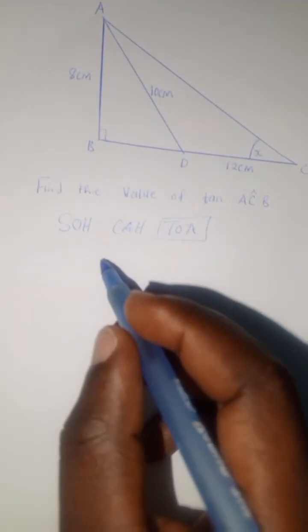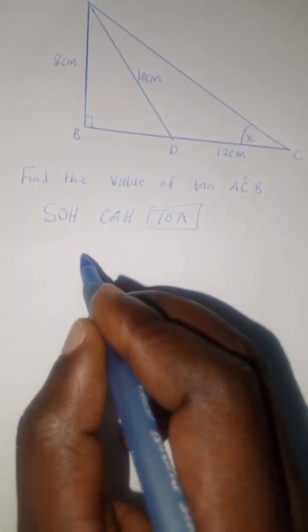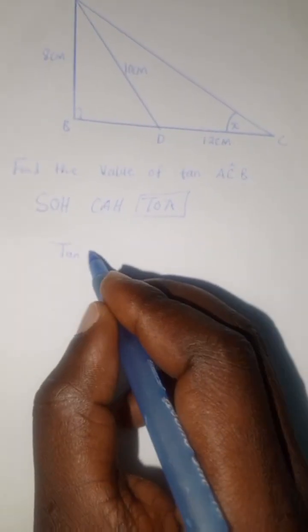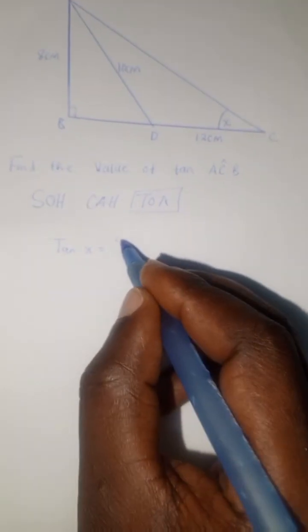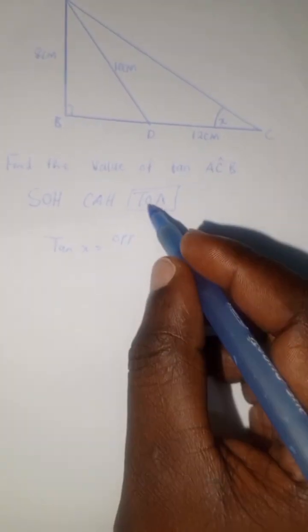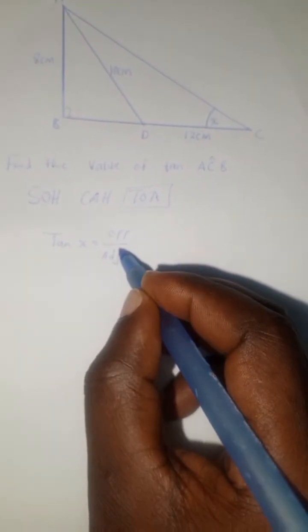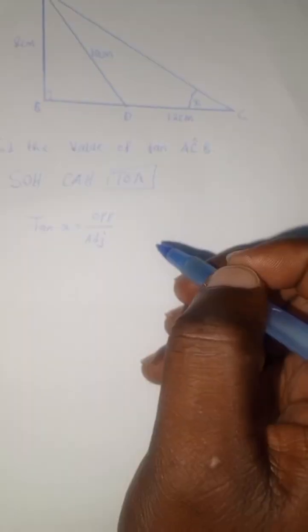So here we'll simply say tan X is equal to the opposite, which is the O, divided by the adjacent, which is the A right there.